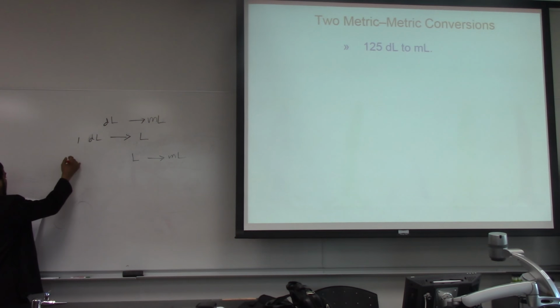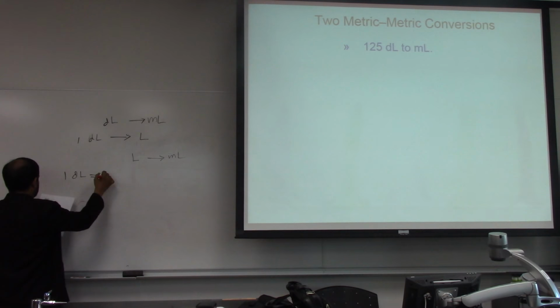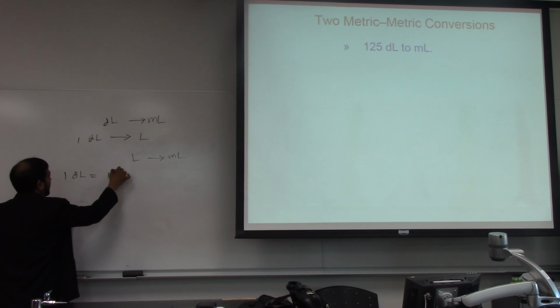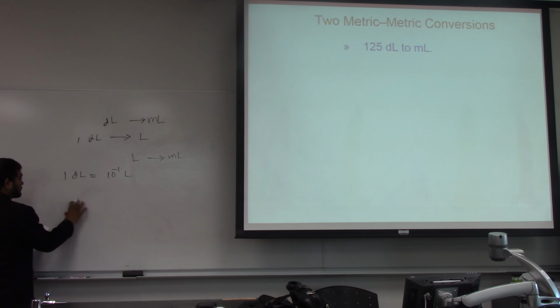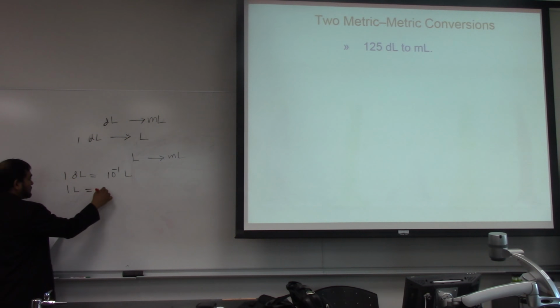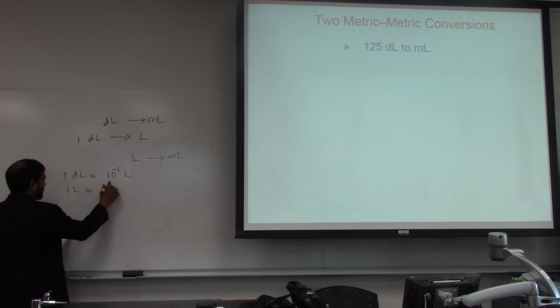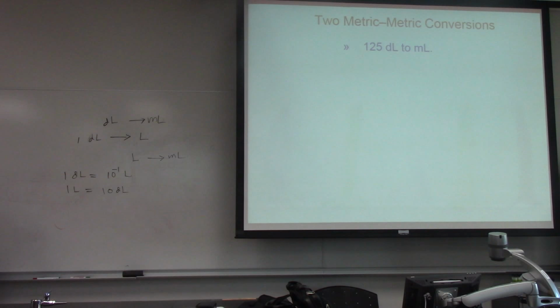That means 1 deciliter equal to 10 to the -1 liter, right? That's what we know. And then if you write other way, 1 liter equal to 10 deciliter. So it's up to you which one you will use.